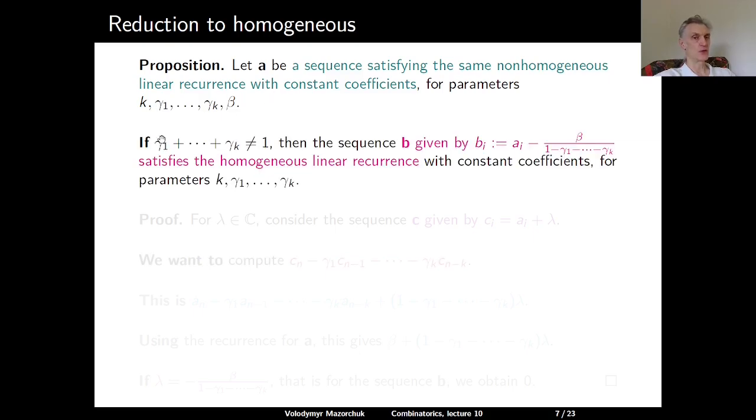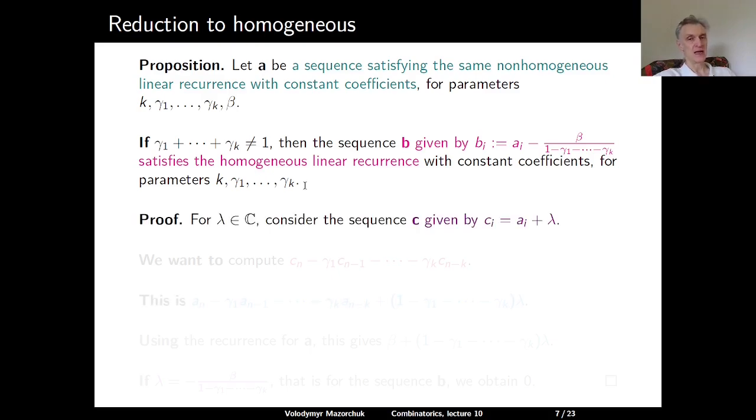If the sum of all gamma i's is different from 1, then the sequence B, which is given by bi is equal to ai minus beta divided by 1 minus the sum of all gamma i's, satisfies the homogeneous linear recurrence with constant coefficients for parameters k, gamma 1, and so on, gamma k, and now there is no beta because the recurrence is homogeneous.